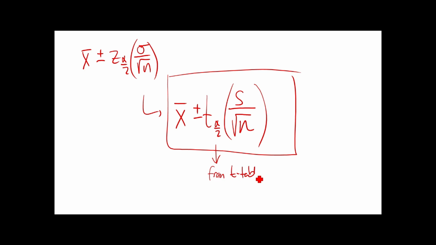We don't have time right now, but tomorrow that's what we're going to learn how to do. We're going to learn how to get these multipliers off the t-table so that we can make t intervals rather than z intervals and still keep our confidence. So, all right, that's where we'll pick up tomorrow.